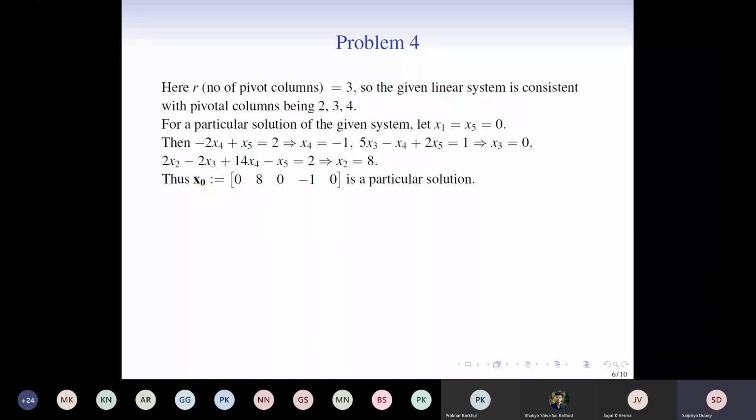The second row gives us this, and the third row gives us this. This is easy: here we already have x4, so now we have x1, x5 and x4, so just substitute to get x3. And now the only variable we need to find after this is x2. So move on to the first row. The first row gives us this equation, and substituting all the values, we get the value of x2 to be equal to 8. So this is a particular solution.